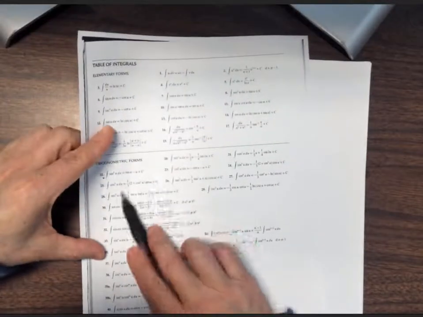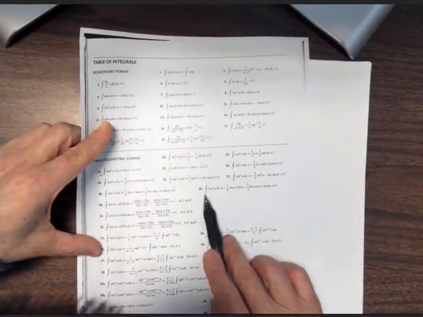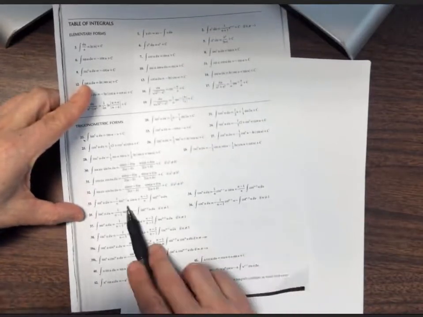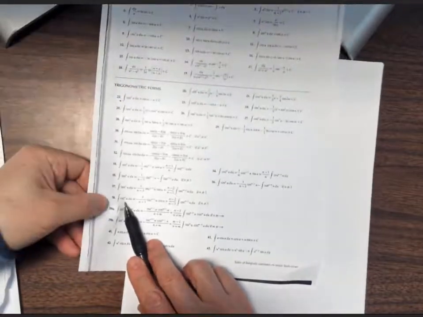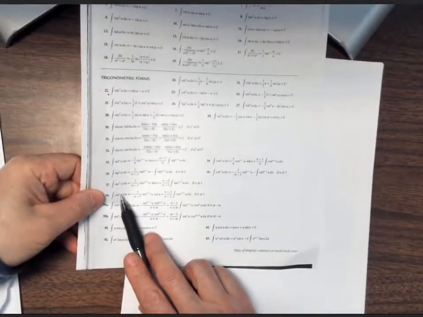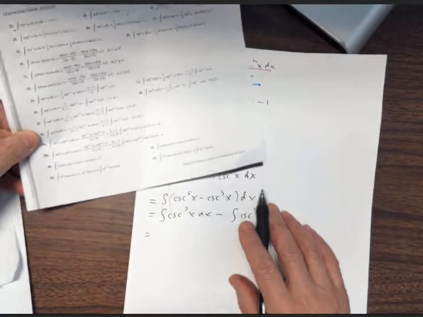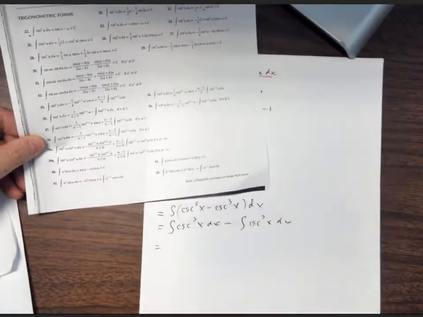Fifth power of cosecant. No, that's direct. Cosecant is here, formula 38. Okay, n equal to 5. So let's apply the formula.